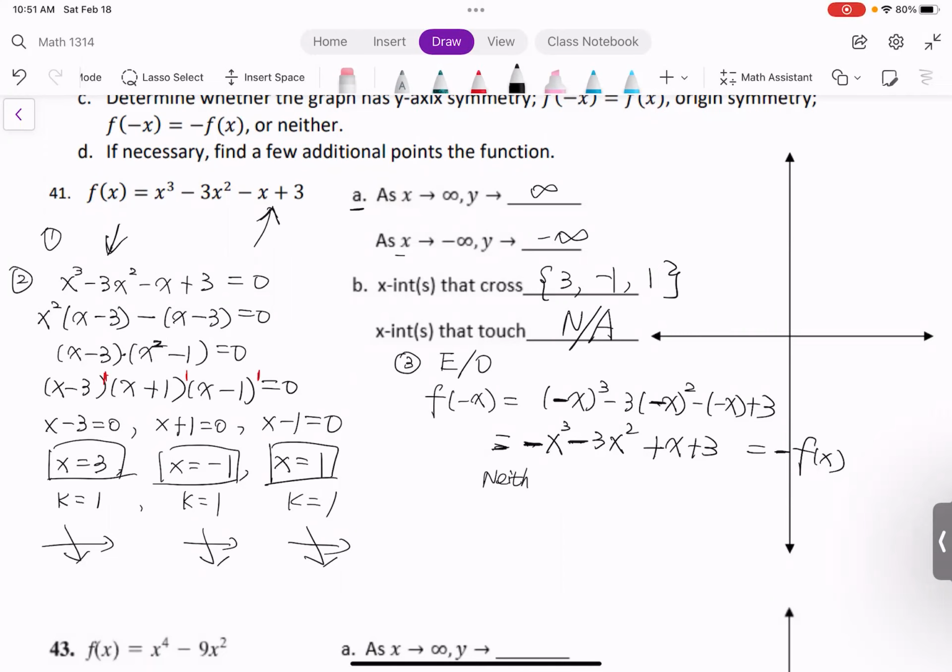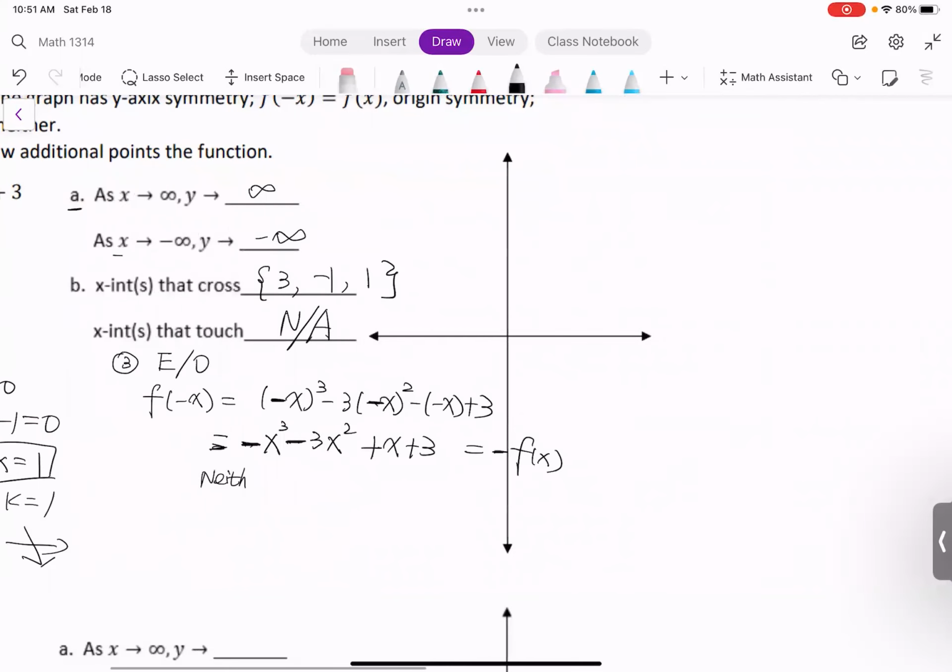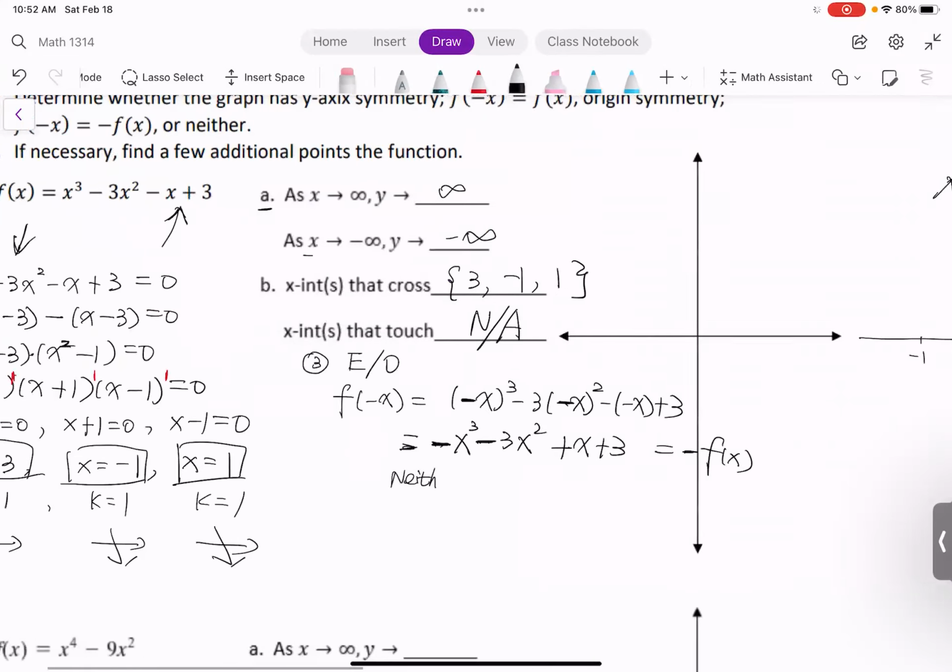I have no space on the graph here, so let me put the information here. I should make my notes smaller. Let's find the x-intercepts: the 3 x-intercepts are -1, 1, and 3. Then the two-side behavior, let's see the graph.